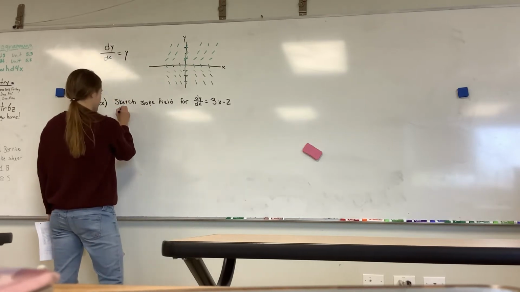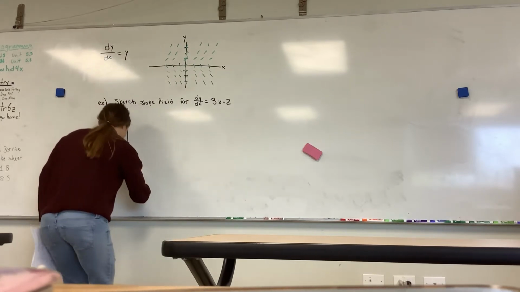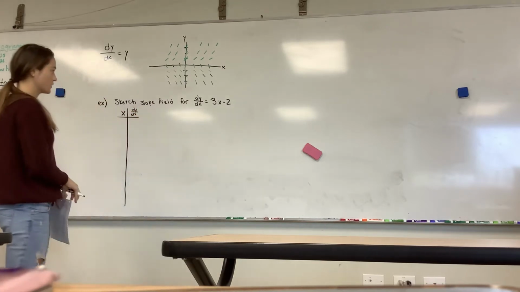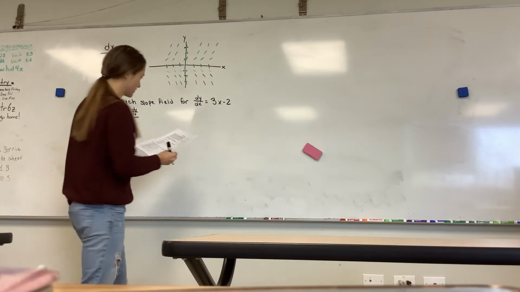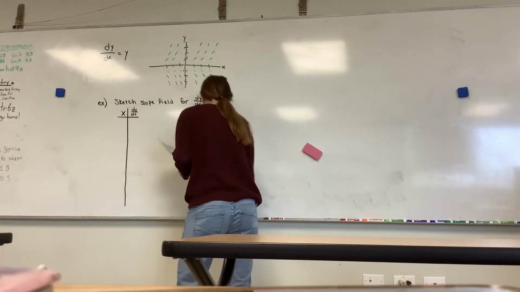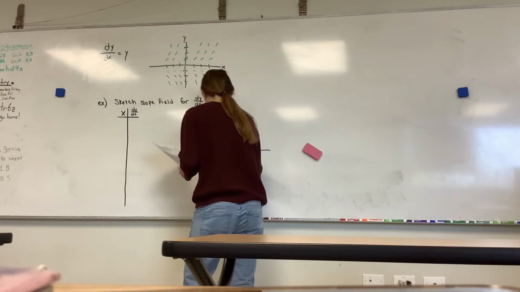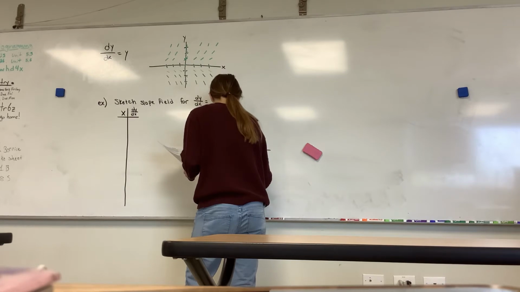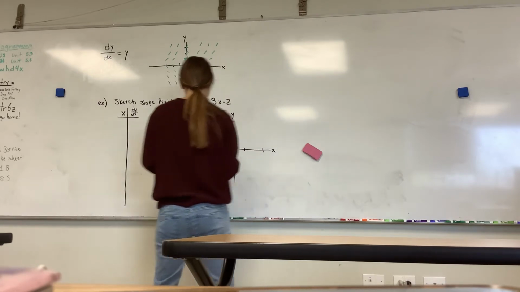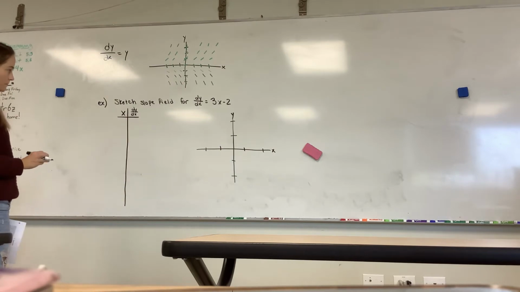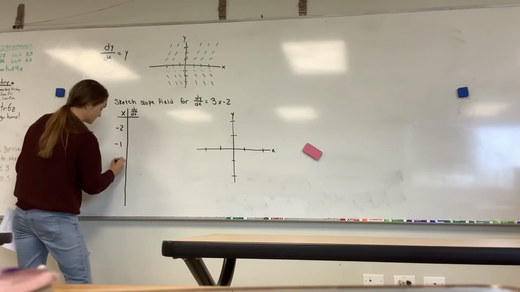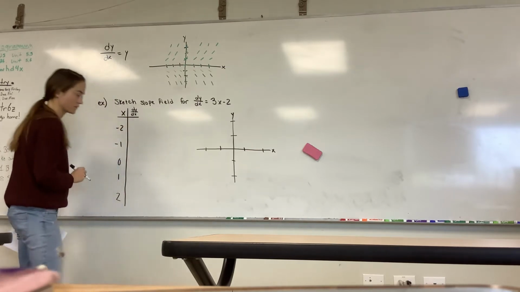We have a data table of x and dy/dx. You can see I already have a graph there to the right for you, and it goes from -2 to +2. So let's do -2, -1, 0, 1, and 2 for this slope field.